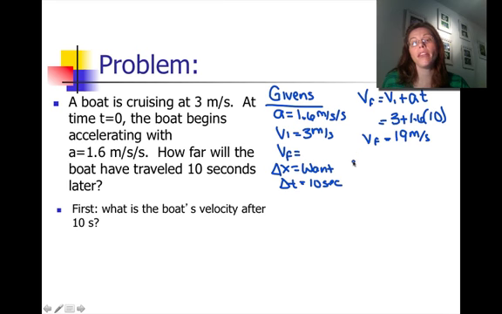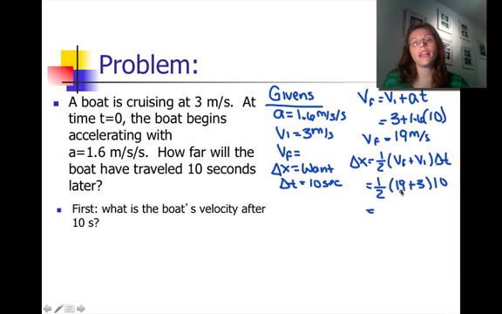And then once we have that, we can go to our second equation. Change in x is equal to 1/2 times VF plus VI, times change in time. And this is equal to 1/2 times VF, which is 19, plus VI, which is 3, times change in time, which is 10.